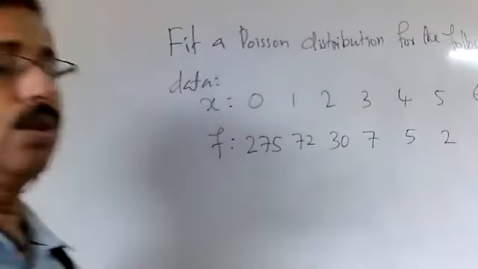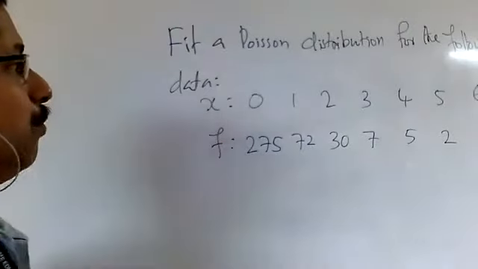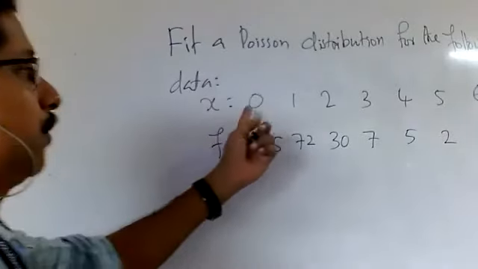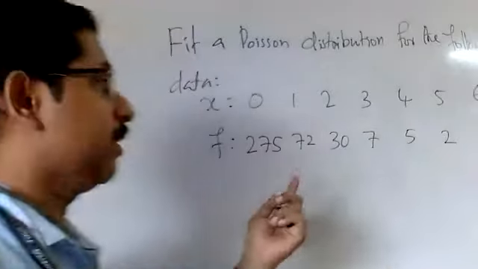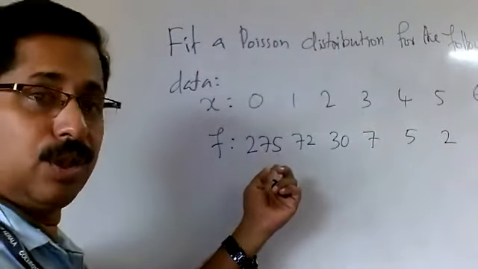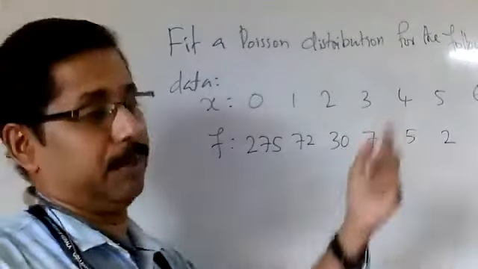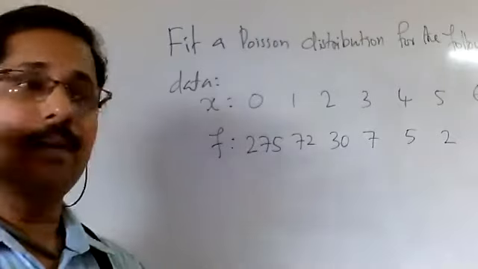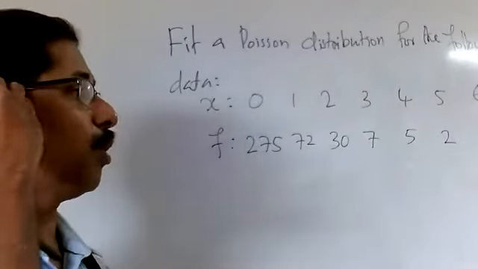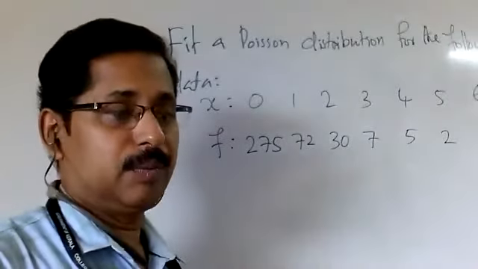So this is the given problem. Here we have values for x from 0 to 6, and its frequencies are given. 275 times 0 is recorded, 72 times 1 is recorded, and so on. We want to test whether the Poisson distribution is a proper distribution for this given data.